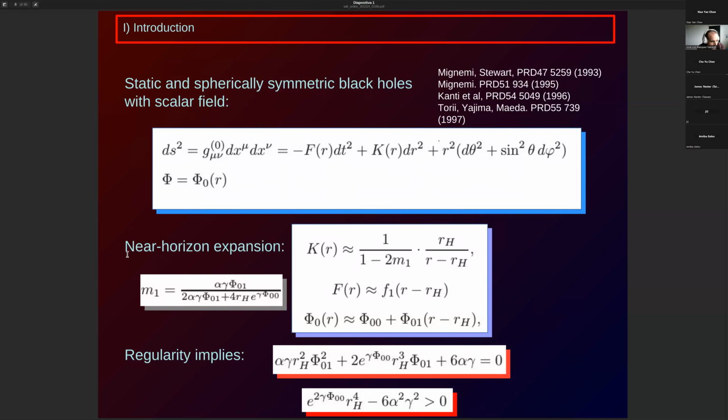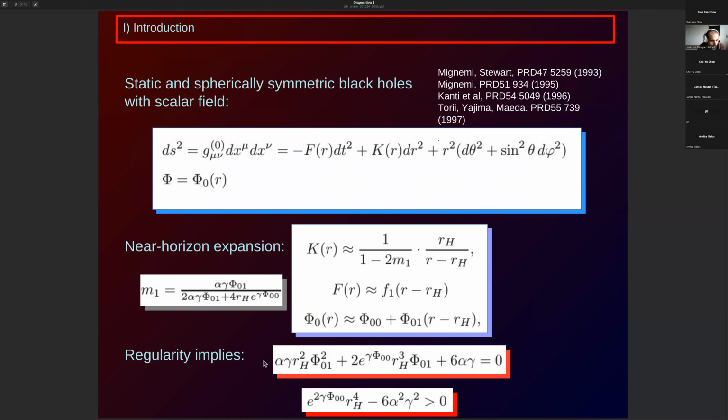I think this is interesting to discuss a bit, because if you study the behavior of the metric close to the horizon and you impose regularity, you want your horizon to be regular, you get a number of constraints, a number of equations that come from the field equations.